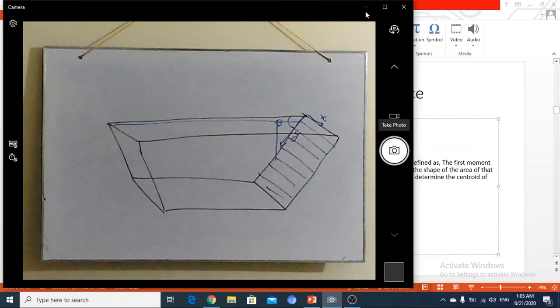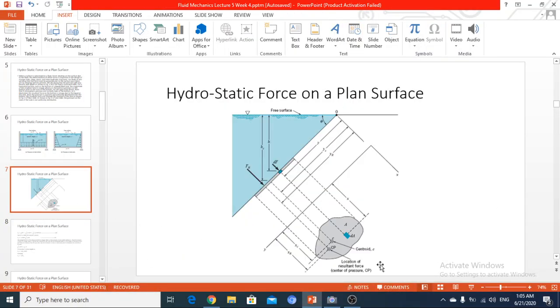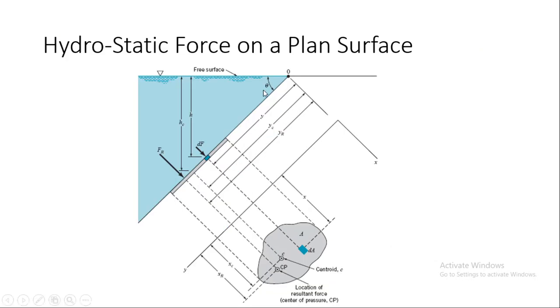So we did nothing if we know from our figure that the back side, as we can see here, h is equal to y sine theta. How?